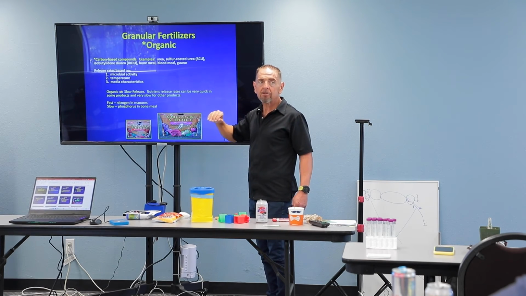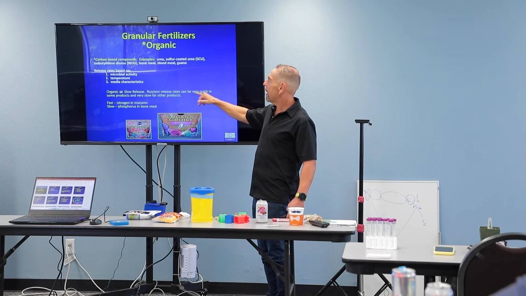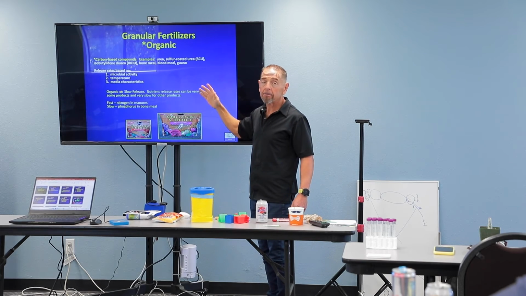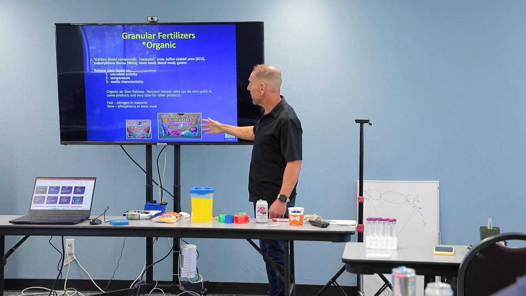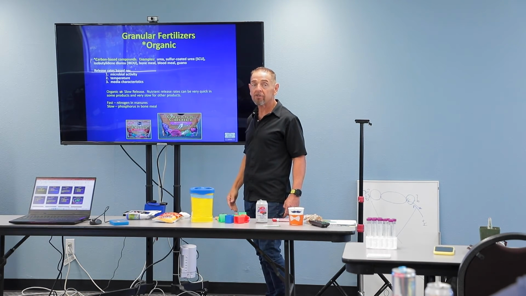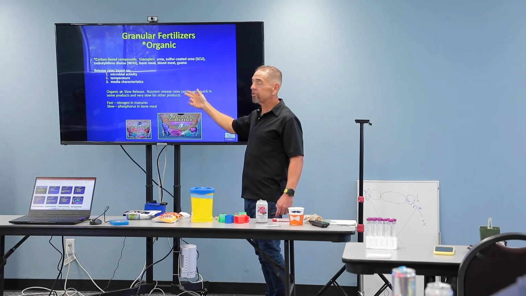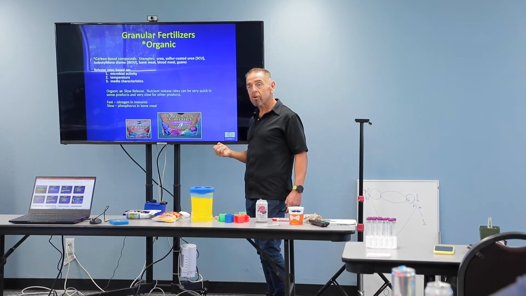Organic does not always mean slow release with fertilizers of this nature. Nutrient release rates can be very quick for some of the manures, right? The nitrogen. Now the phosphorus coming from bone meal is slower. It breaks down slowly as it dissolves. But you have to be careful when using animal-based products like manures, because they have to be composted as well.